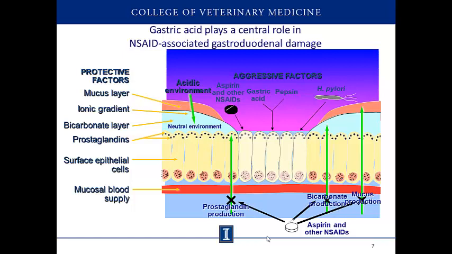Without those layers, the cells will be exposed to the acid. And as you can see here, aspirin and some other non-steroidals work by blocking that prostaglandin production, and it also prevents the bicarbonate production and the mucus layer production.